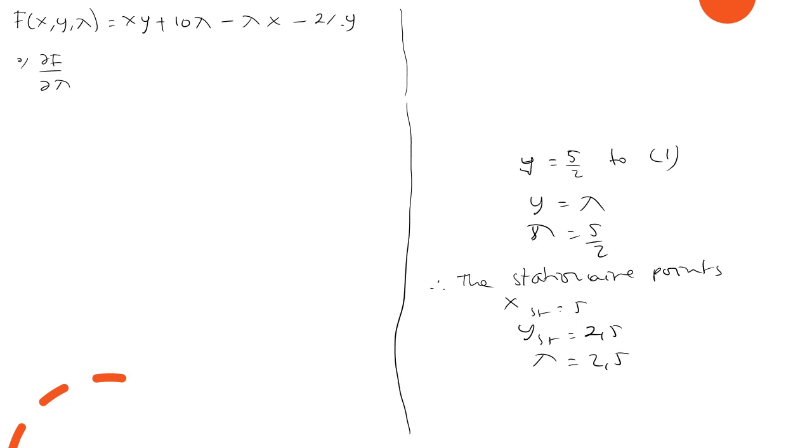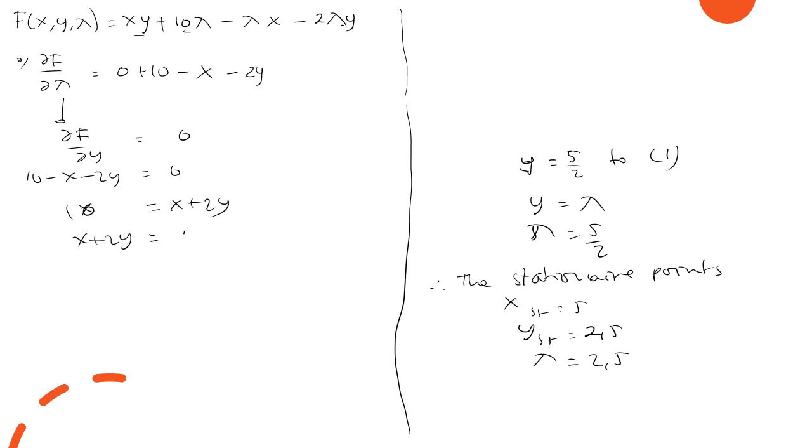Okay, so that's our main equation, and then we derive this with lambda. So here 0, here is 10 plus 10, here is minus x minus 2y, and we apply this to f. The derivative should be equal to 0, so it is 10 minus x minus 2y, or x plus 2y equal to 10.